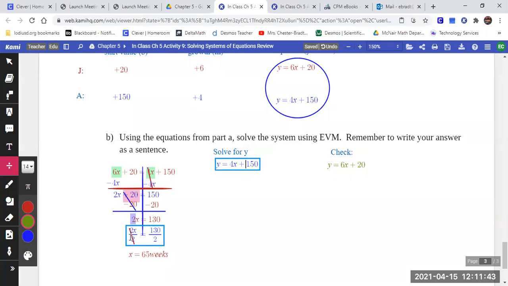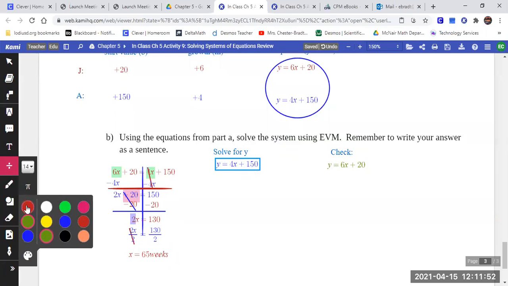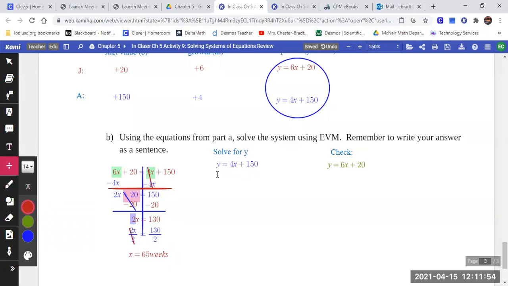Okay, we're taking the x we just found and putting it into the equation. Now we're solving for y. What is the y standing for? Read the words up above.